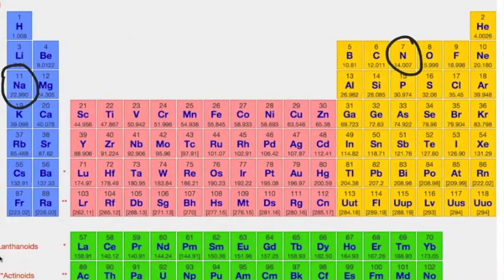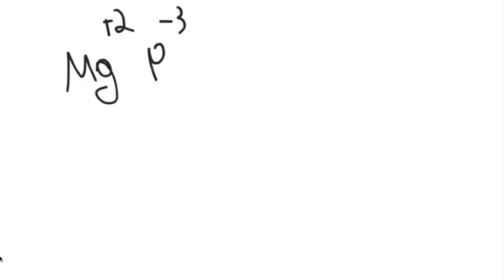Let's try one more. We're going to take Mg, magnesium, and P, phosphorus. Magnesium has a charge of +2. Phosphorus has a charge of -3.